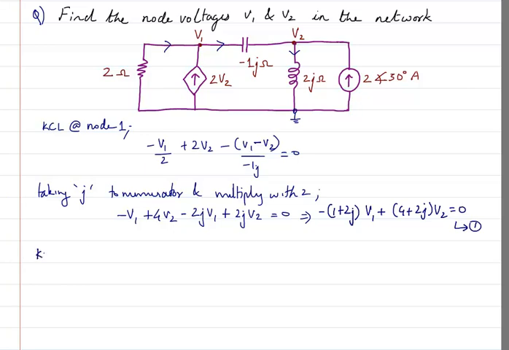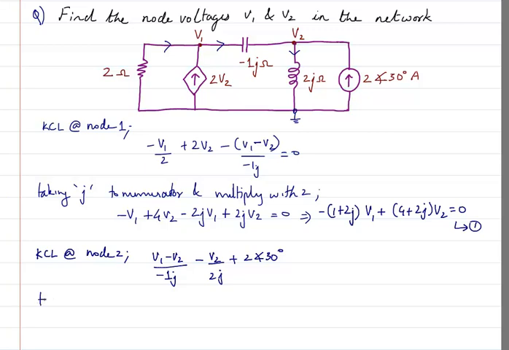Then the second is KCL at node 2. So KCL at node 2, again it is incoming current, so plus (V1 minus V2) divided by minus 1j, minus of V2 by 2j, and incoming current of plus 2 angle 30 degrees.